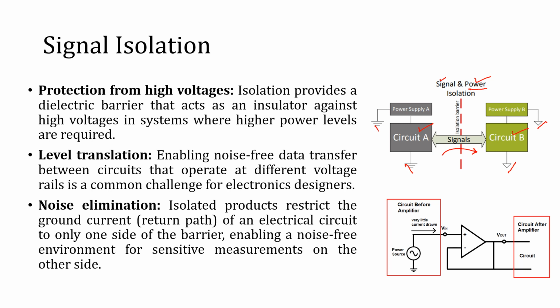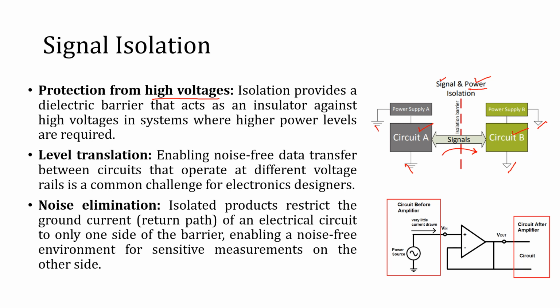Now what are the advantages of these kinds of circuits? The first advantage is protection from high voltage. If in any of the circuits there is a high voltage due to switching on or switching off, and we want to protect our circuit from that, then we use power isolation.